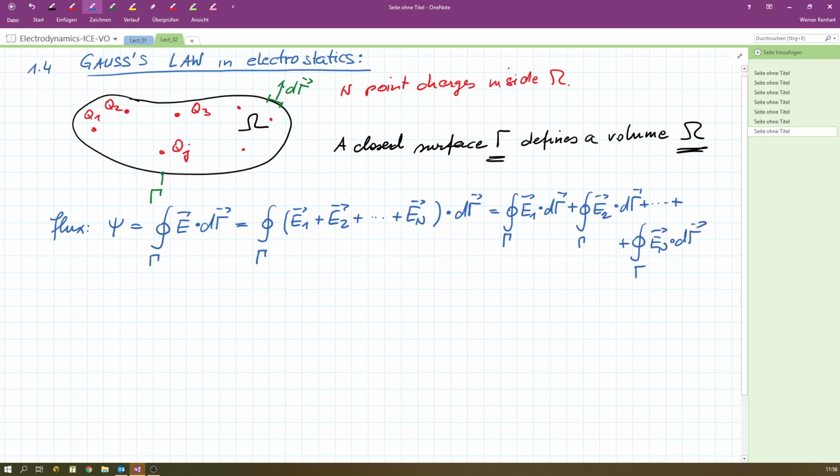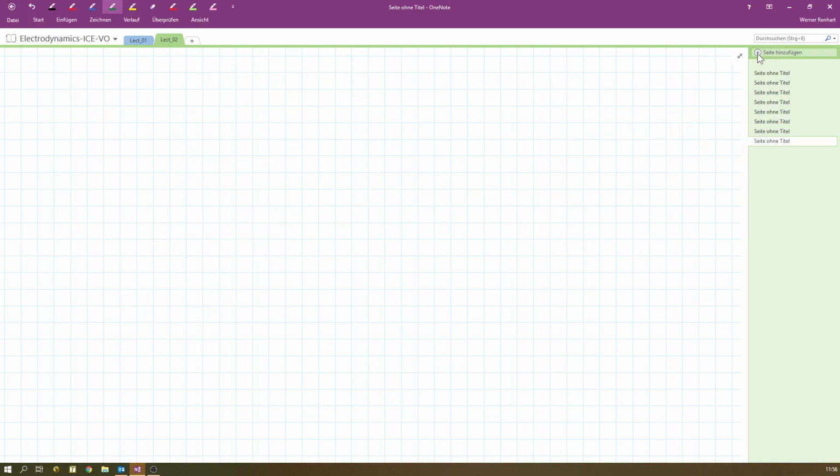So in this we will evaluate for example the first integral to show something. This is the first, for Q1, to establish the integral of E1 dot d gamma over the closed surface gamma. I will do it on the next page because we have to do some sketch on it.